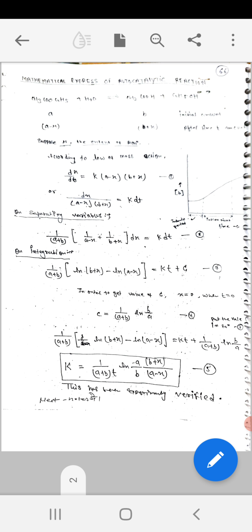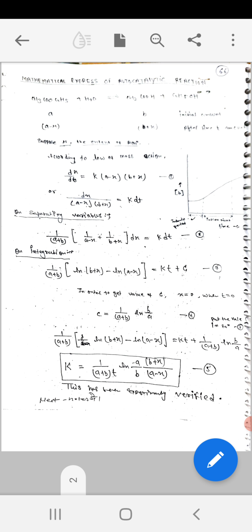The period between starting zero time to some time after which the reaction is going on, this is the induction period. And there is an inflection point, the rate increases after this, and then again it goes to stationary.